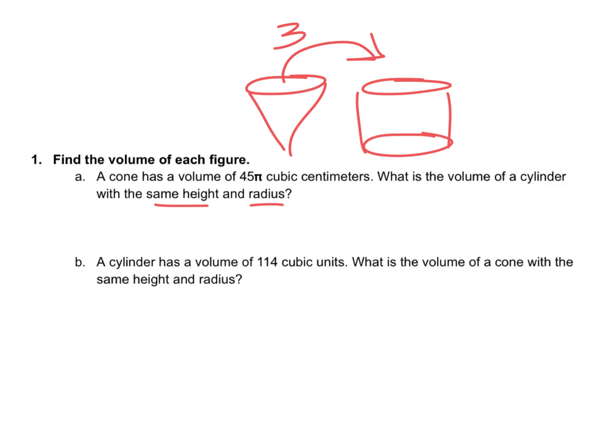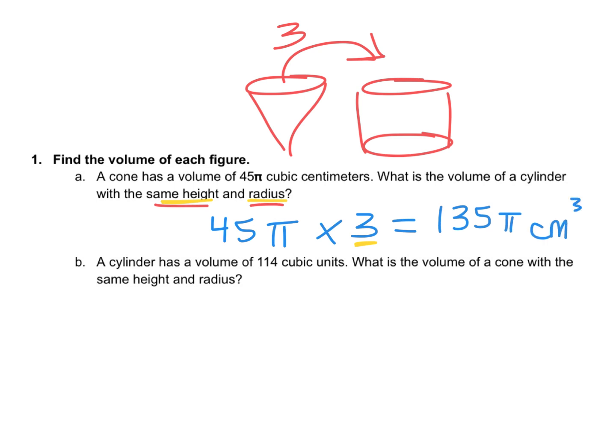So if the cone had a volume of 45 pi, the volume of the cylinder would be 3 times that. Therefore, 45 times 3 is 135 pi. So as long as they have the same height and the same radius, the cylinder is 3 times bigger than the cone. And then the label would be centimeters cubed or cubic centimeters.